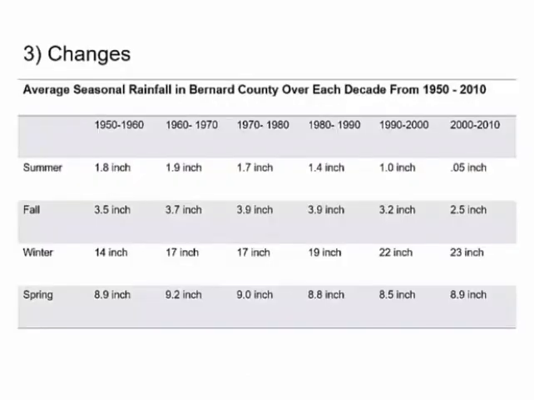Okay, a third category here, we can report about significant changes that we notice. Changes represented in the visuals. Here we've got a table. We've got average seasonal rainfall in Bernard County over each decade from 1950 to 2010. So we've got some units of time there. We've got these seasons reported down below, and we've got the decades we're looking at here.